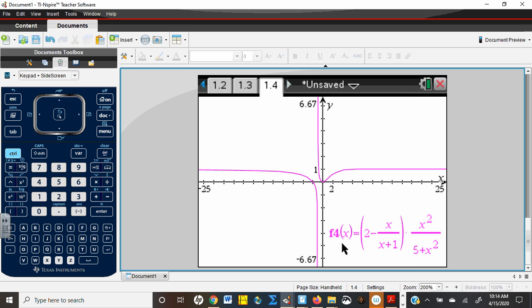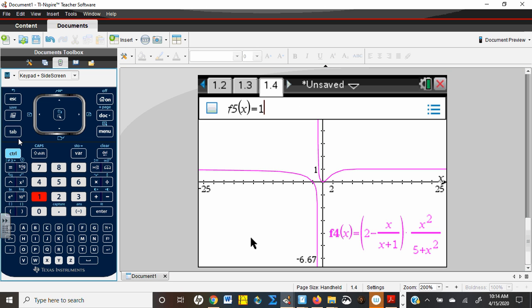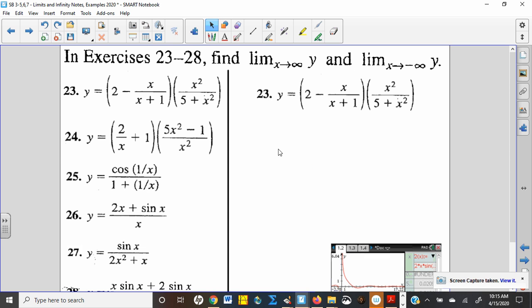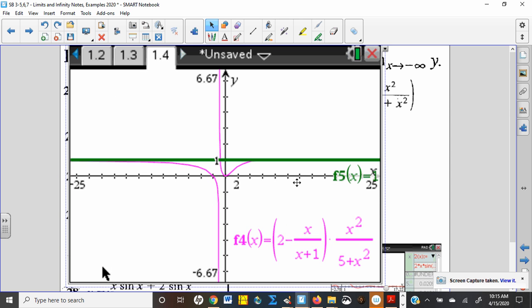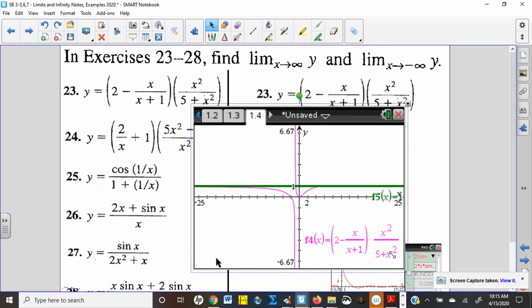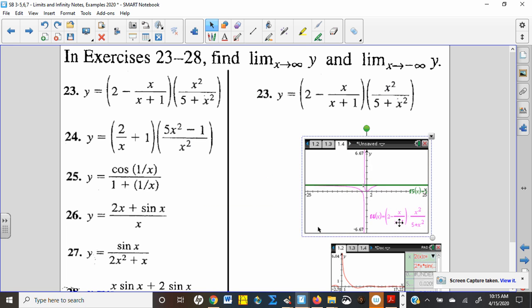And then secondly, I'm going to add a horizontal asymptote at 1. And look at that. You see how, in both directions, we have that horizontal asymptote at 1. So this is just an indication of how this analysis is really accurate if you follow it through. It's the same type of analysis we used back with rational functions, okay?